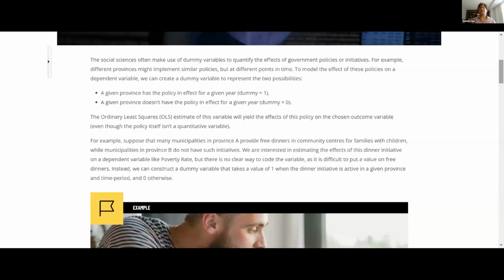So that's what we call a dummy variable or a dichotomous variable in order to capture the effects of a policy, which is kind of qualitative and cannot be otherwise quantified.